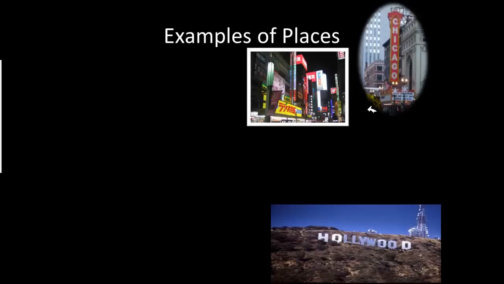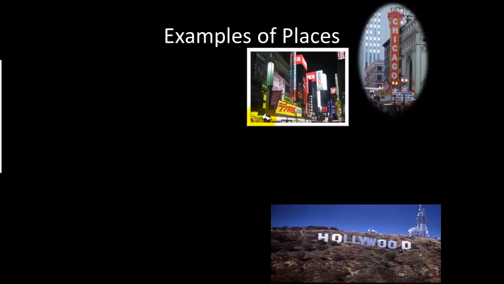One example of types of place. The first, you can have places that are very densely packed. Remember earlier I mentioned that in Ascension Parish we have about 263 people per square mile. But in places like Tokyo, Chicago, New York, Hollywood, these places are very densely packed. You can have millions of people living within a square mile of one another. So the first dot for your notes is this.